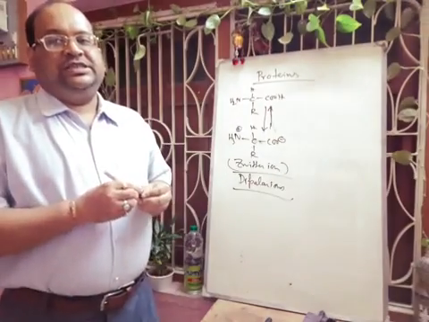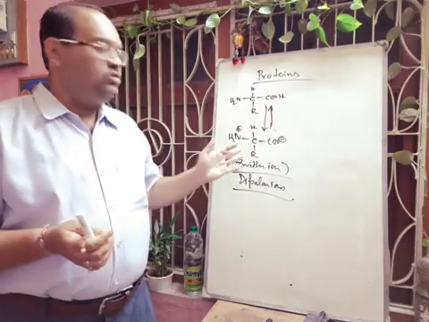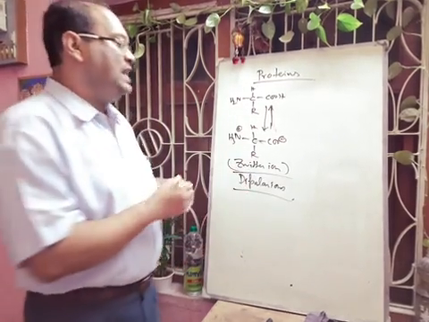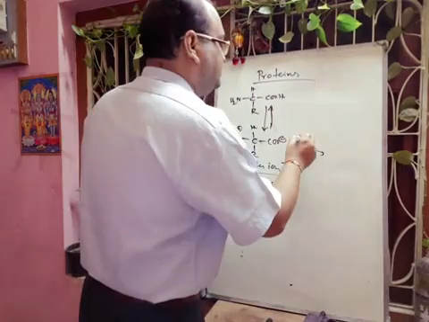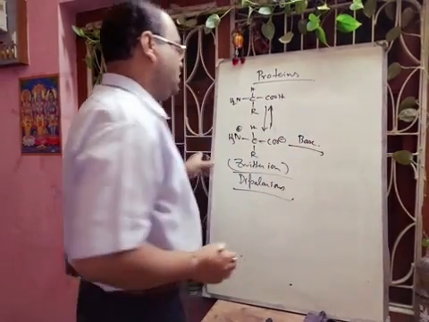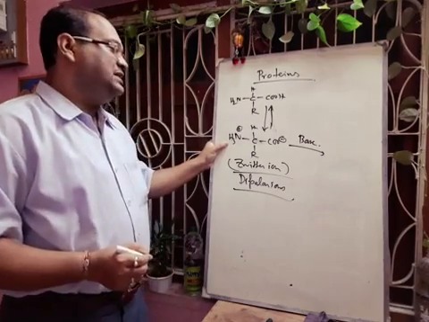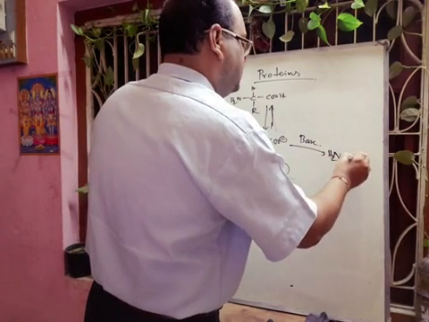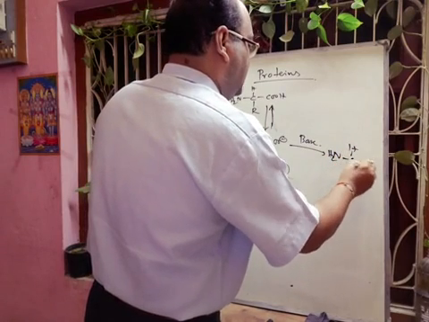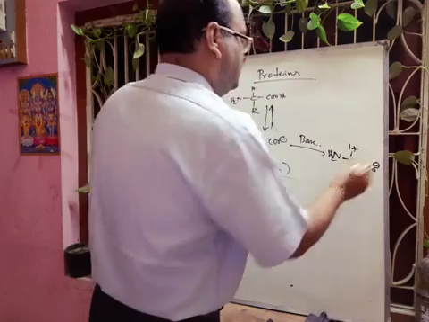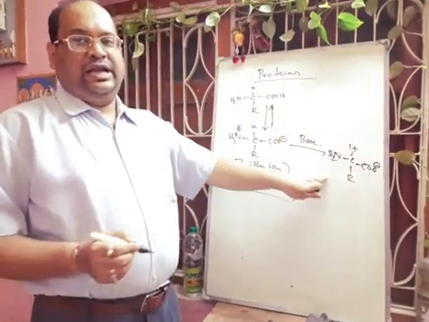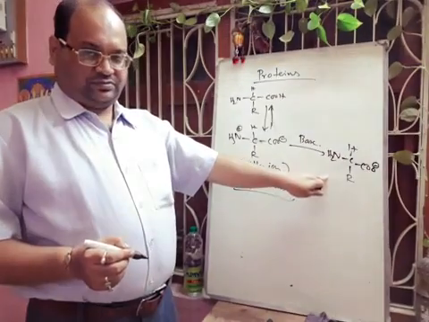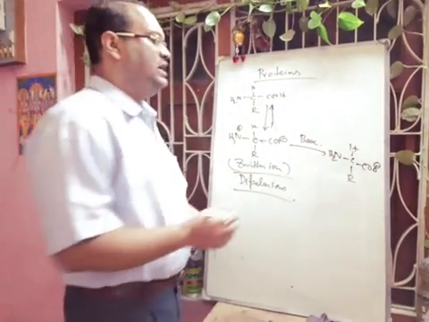Now zwitterions react with both acid as well as base. So if we add base, what will happen? The base will abstract the acidic proton and it will become NH2 CH R COO minus. So in presence of base, it is an anion.